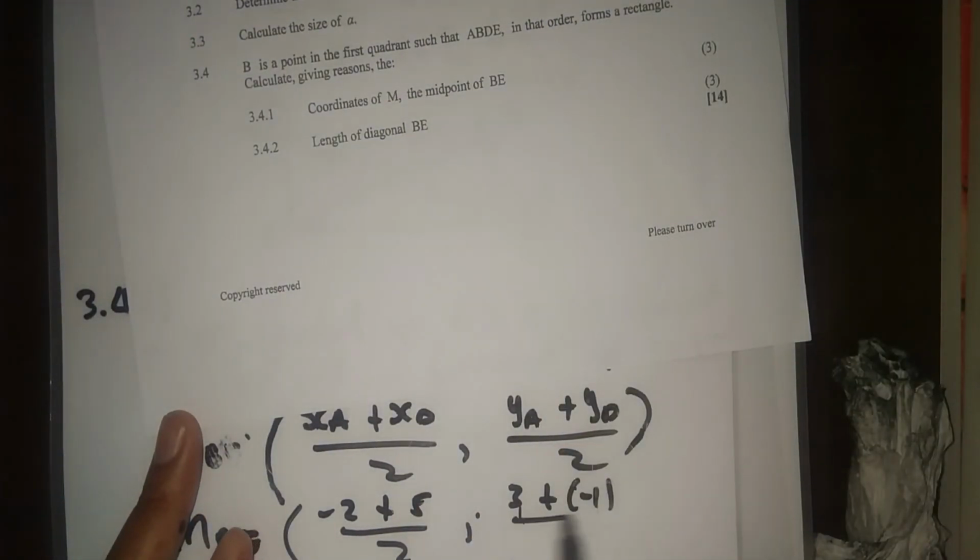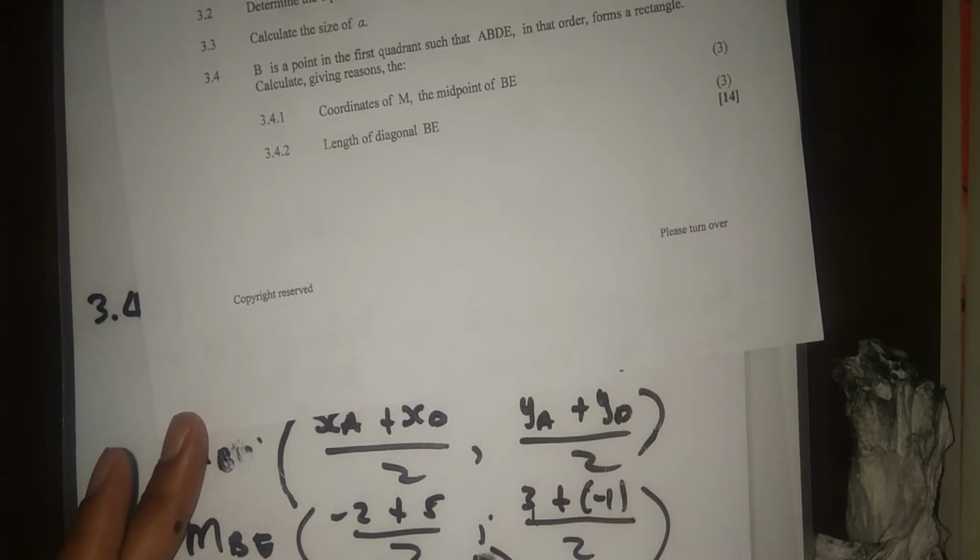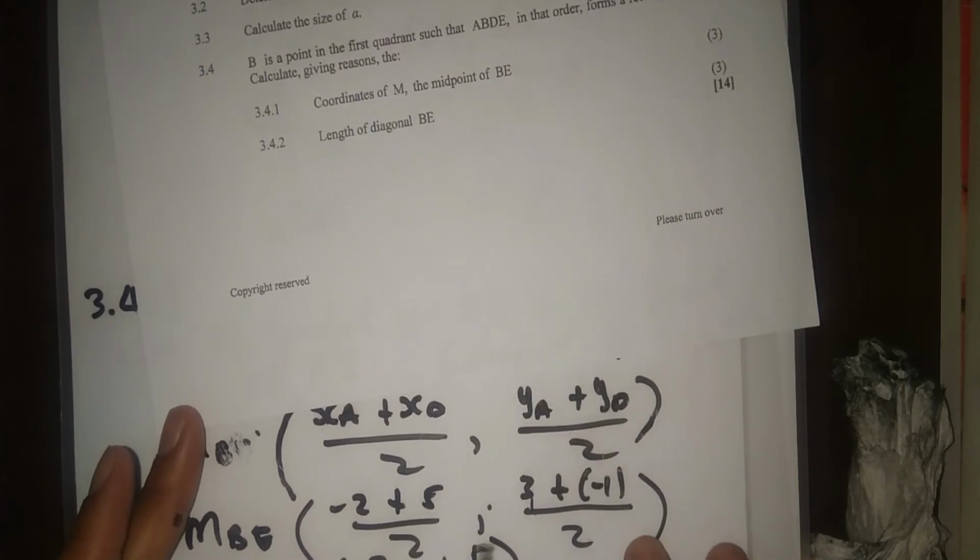Don't get lost in my calculations. So this one is 3 over 2. This one is only 2, okay, 3 minus 1 is 2, so 2 over 2 is 1. So the coordinates of our midpoint are 3 over 2 and 1.